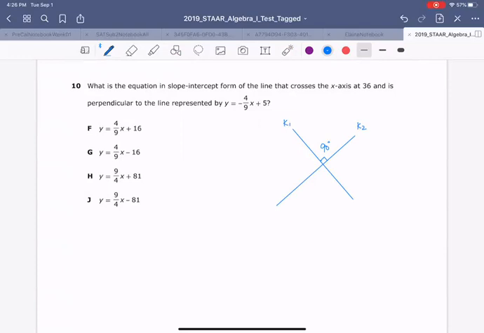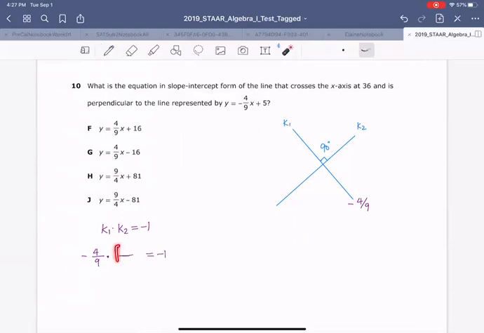Okay. So if one of the slopes is -4 over 9, listen, the other one, K1 times K2 equals -1. One slope is -4 over 9, and you want their product to equal -1.